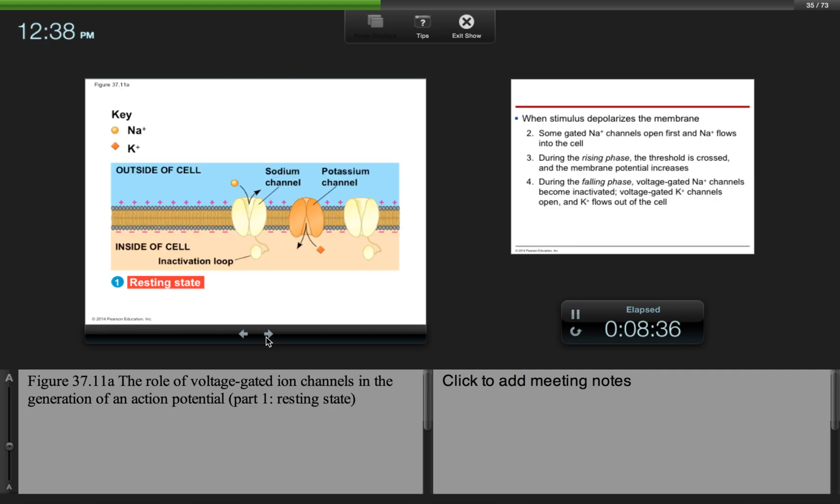Here is the resting state of your neuron, of your membrane. Inside of the cell is more negative than outside. You have voltage-gated ion channels that are closed.